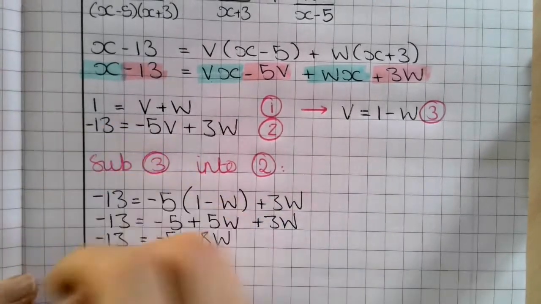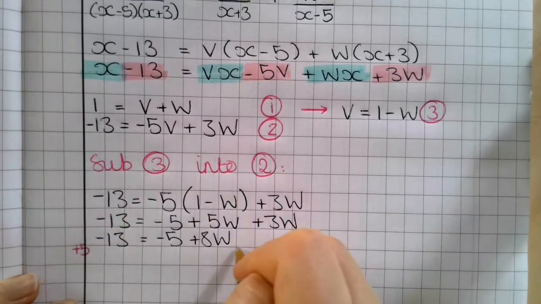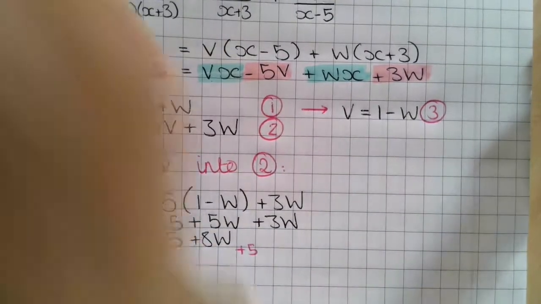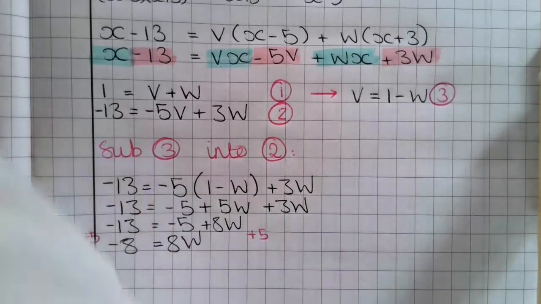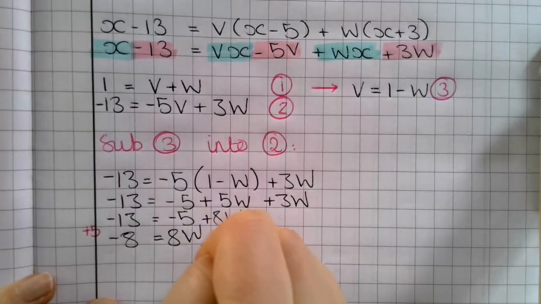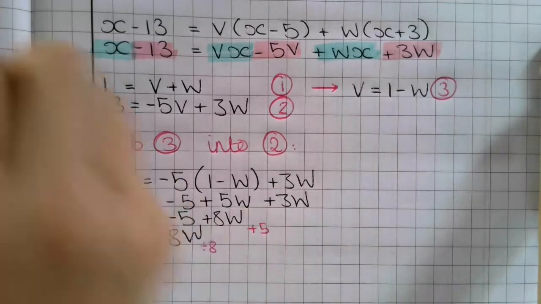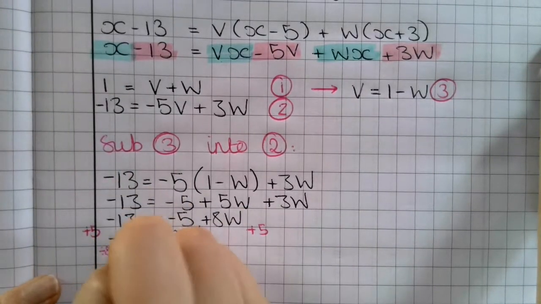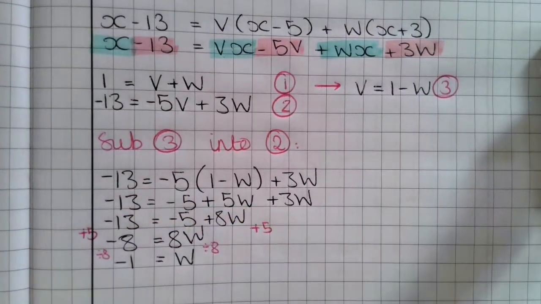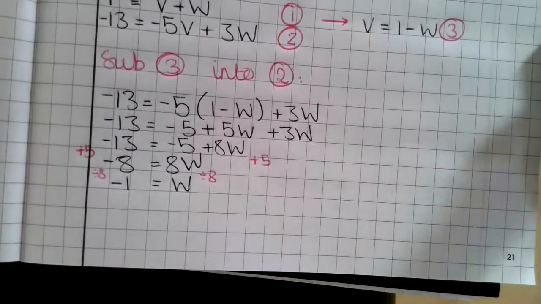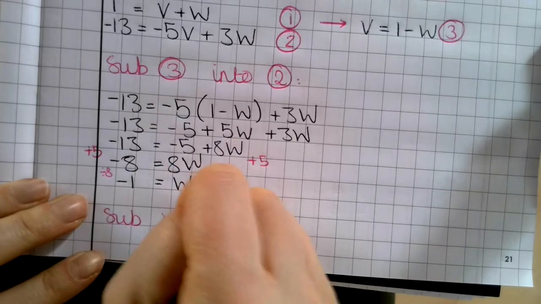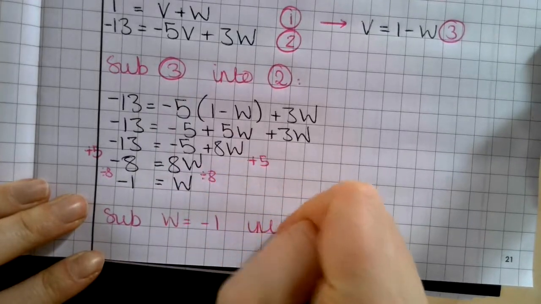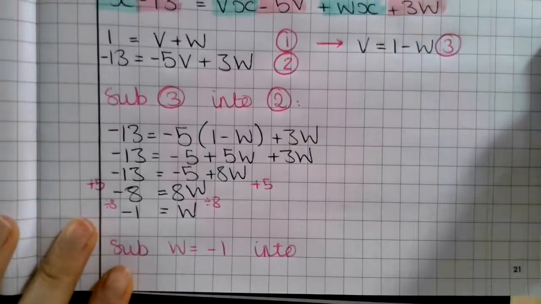Add 5 to both sides. I get negative 8 is equal to 8w. Divide both sides by 8. I get negative 1 is equal to w. So then sub w equals negative 1 into equation 1.